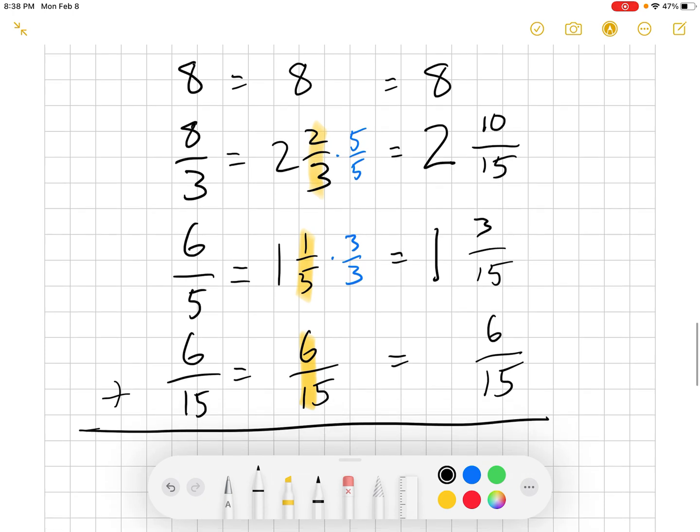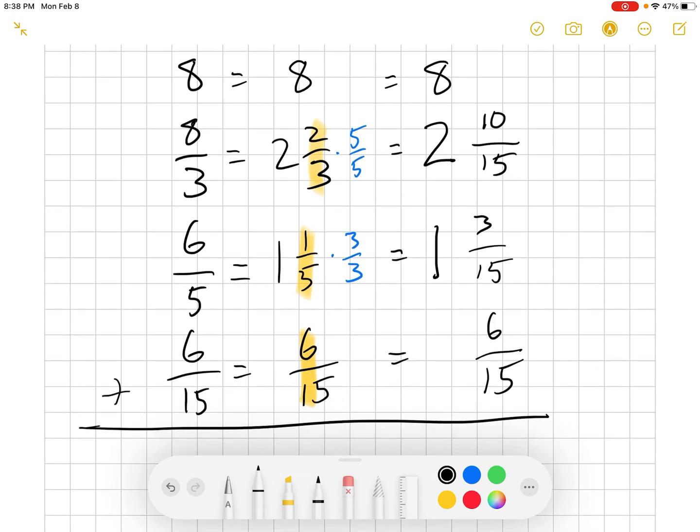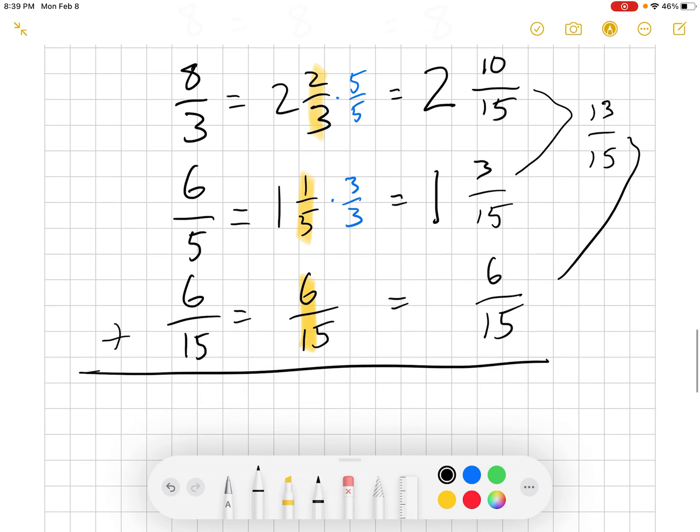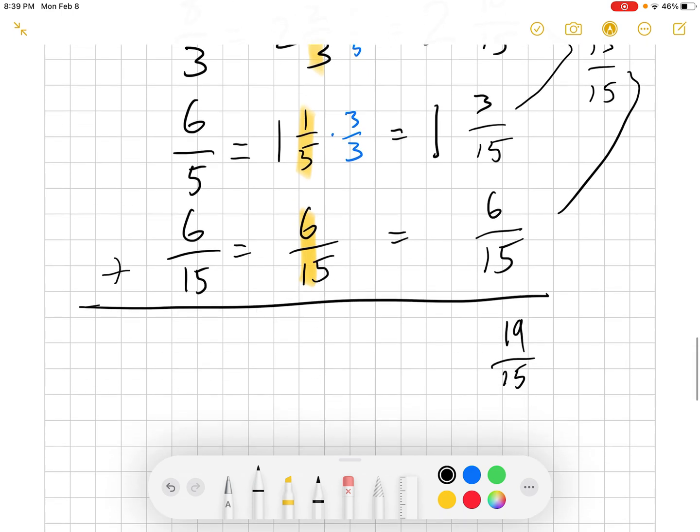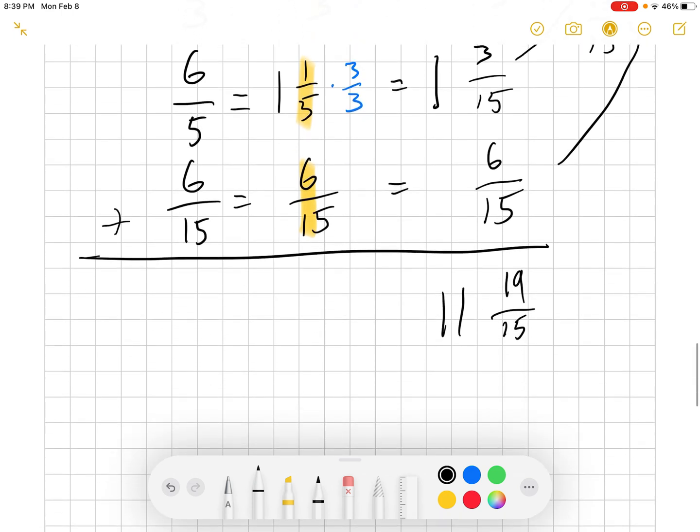We'll add up all of our pieces. 10/15 plus 3/15 is 13/15. 13/15 plus 6/15 is 19/15. 8 plus 2 plus 1 is 11. So we have 11 and 19/15.